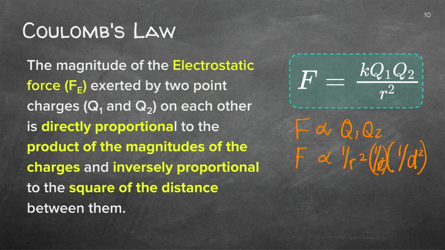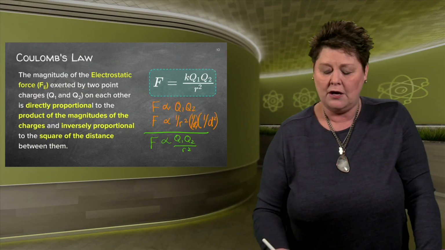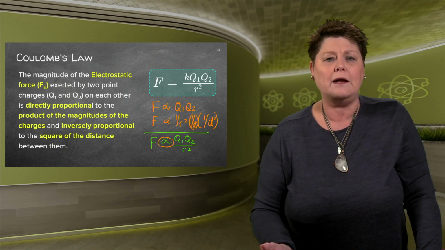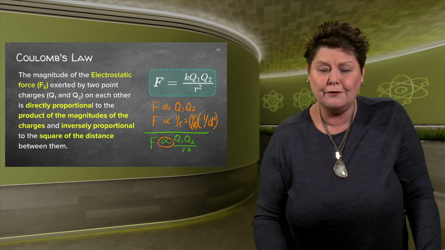It's all exactly the same. If I now add these together, I've got F is directly proportional to Q1 Q2 over r squared. And luckily, the mathematicians will be helping us when they take away this proportional sign, because we don't know how to work with that in physics.